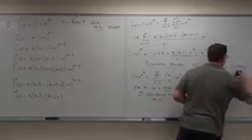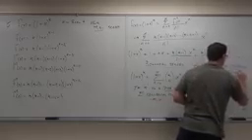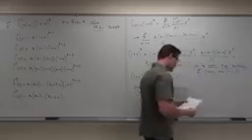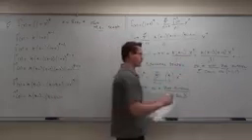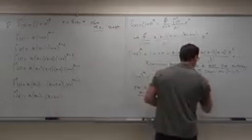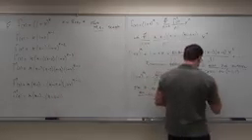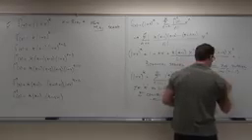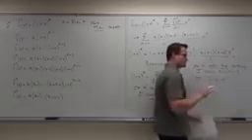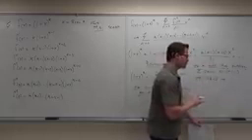More specifically, if k is between -1 and 0, we get to include the endpoint +1.